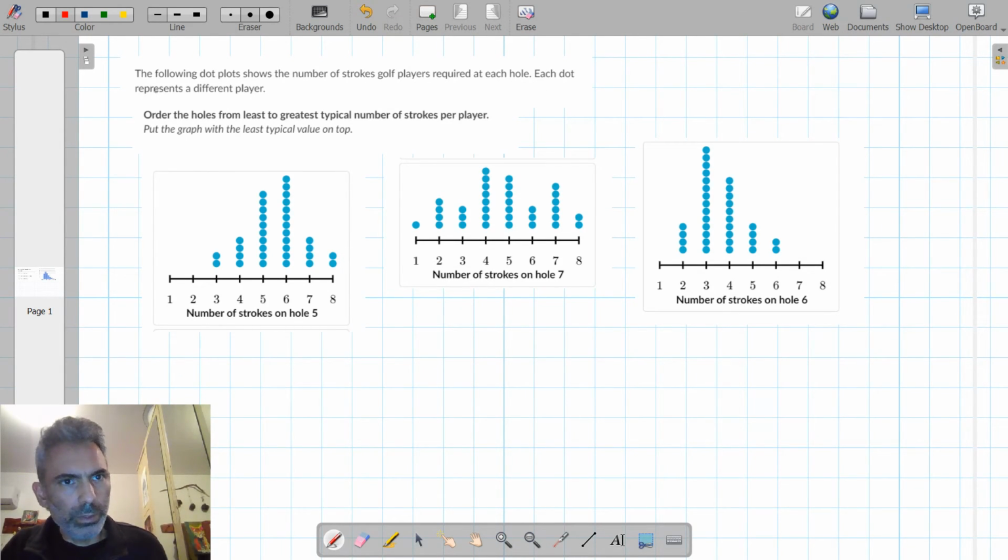Each dot represents a different player. Order the holes from least to greatest typical number of strokes per player. Put the graph with the least typical value on top.